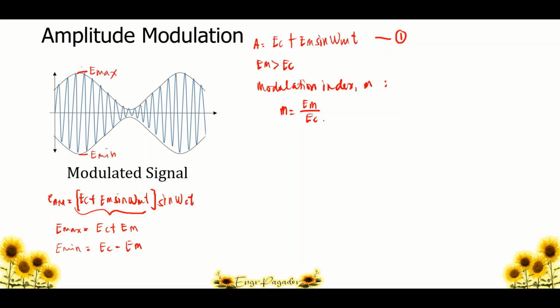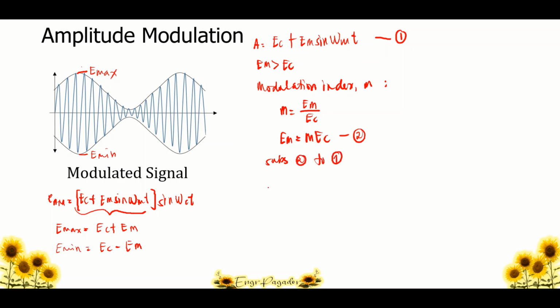If we manipulate this, we will have an equation for EM equal to MEC. This is what we can substitute into our formula number 1. So, let us denote this as equation number 2. Now, we are going to substitute equation number 2 into equation number 1.